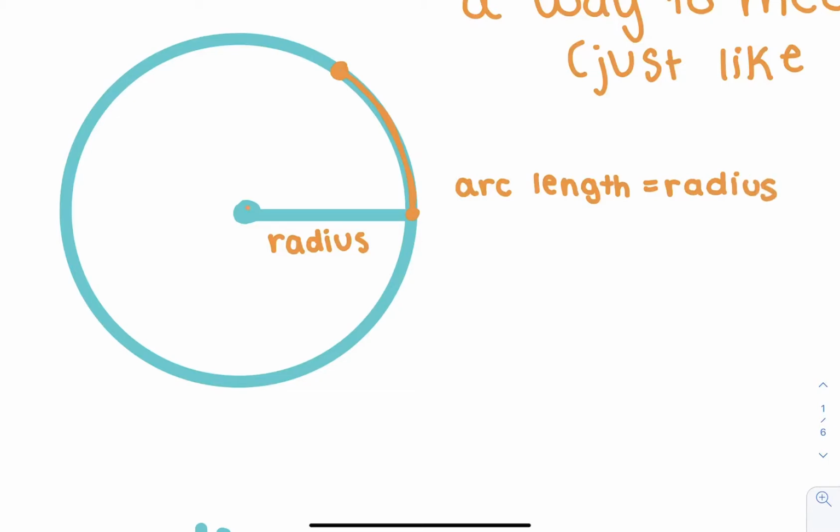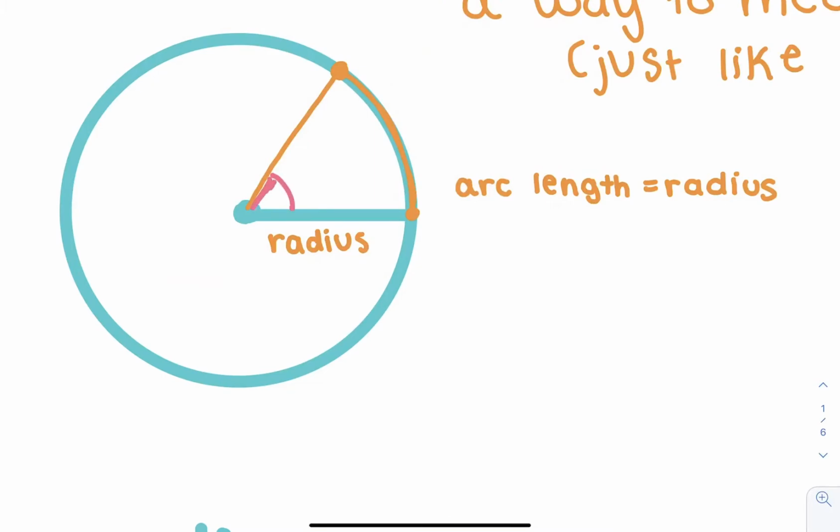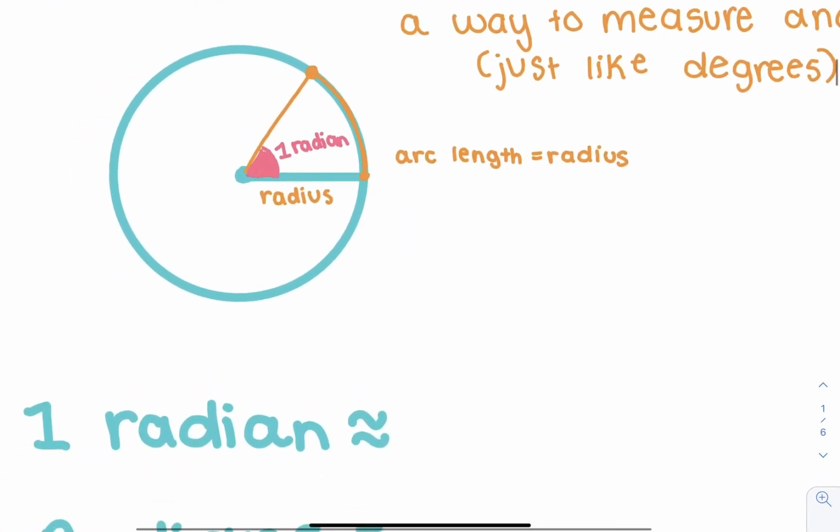And I make this into an angle. This angle that it's formed, where the radius is equal to the arc length, is 1 radian. So a single radian is equal to about 57.29 degrees.